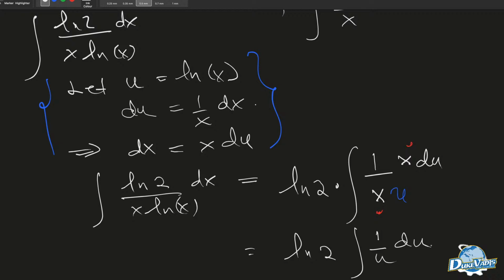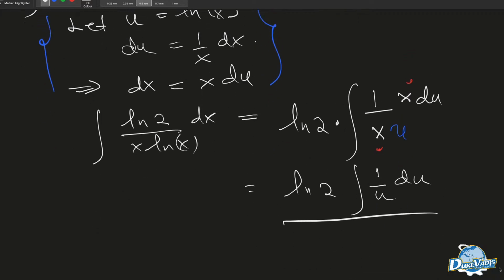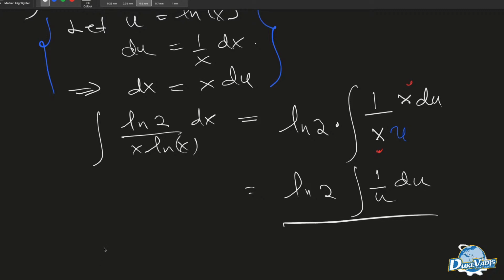You see that it's now so easy for us to integrate. Now let us reflect. We did separation, and after that we called the left one A and the right one B. So now let's put all the breakdown together. We have natural log of 2 times the integral of 1 over u du plus the integral of 1 over x dx.